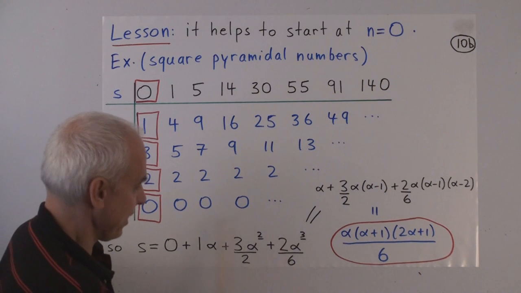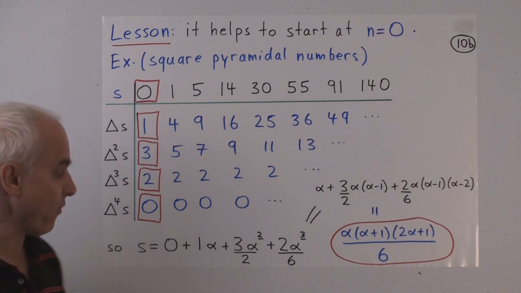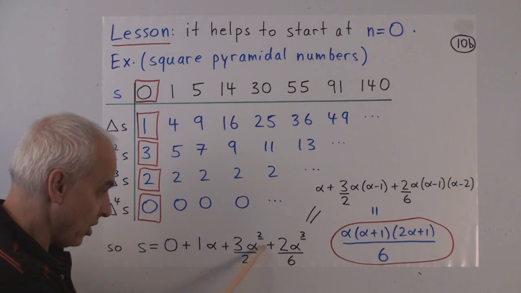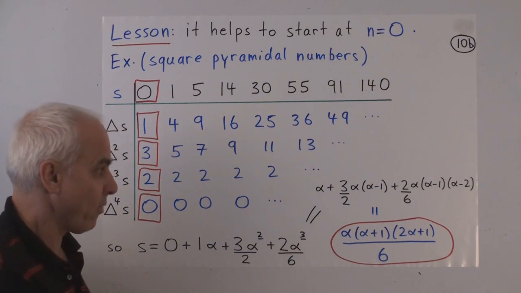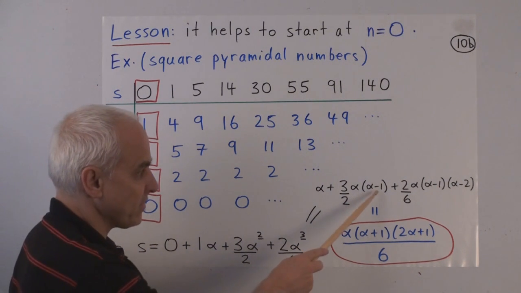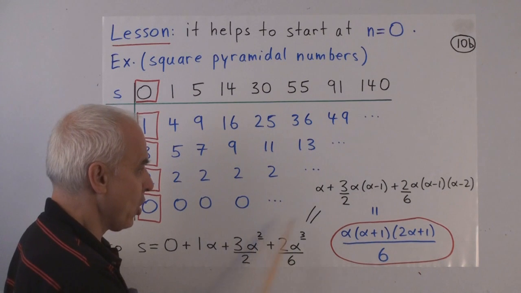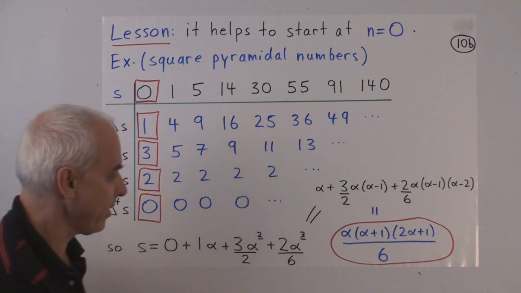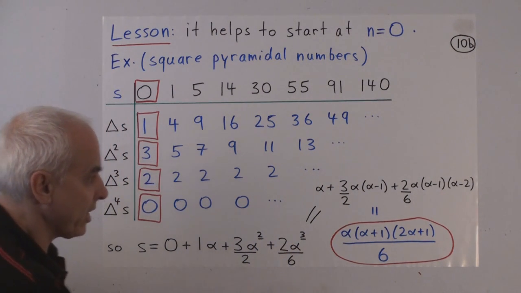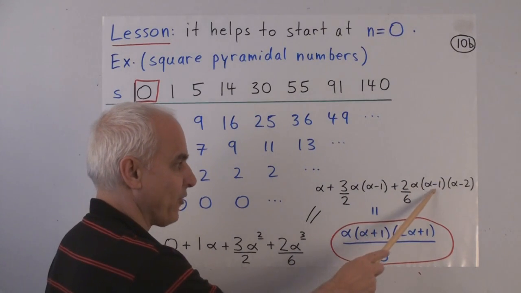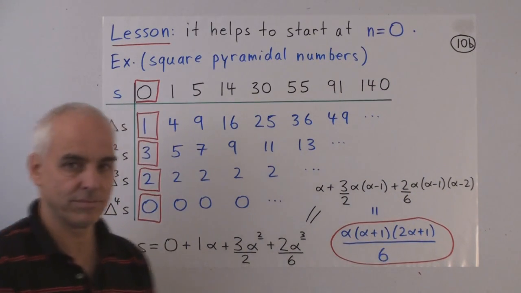Alright, well, what is this thing? To evaluate this in a standard form, we need to replace these lowering powers with what they are in terms of just alphas. So alpha 2 lowering is alpha times alpha minus 1. Alpha 3 lowering is alpha times alpha minus 1 times alpha minus 2.